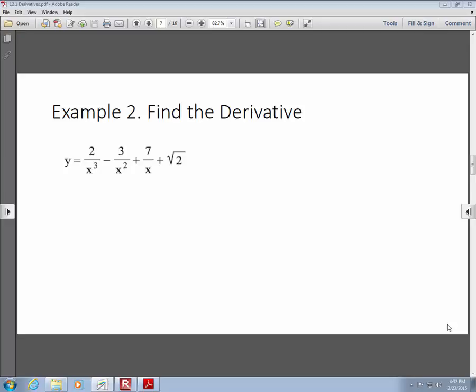So therefore, I can rewrite this as y equals 2x to the negative 3 minus 3x to the negative 2 plus x to the 1 plus the square root of 2. See that? And now I can take the derivative of these functions.